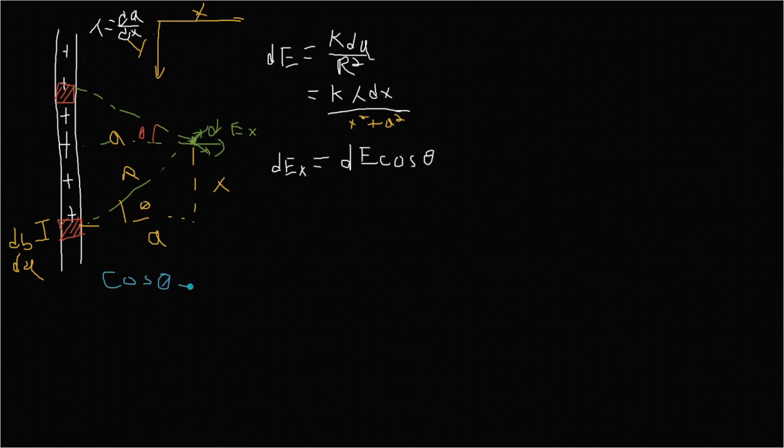Like I just said, cosine is the adjacent side over the hypotenuse, which is a over r. And we know r is the square root of a squared plus x squared.